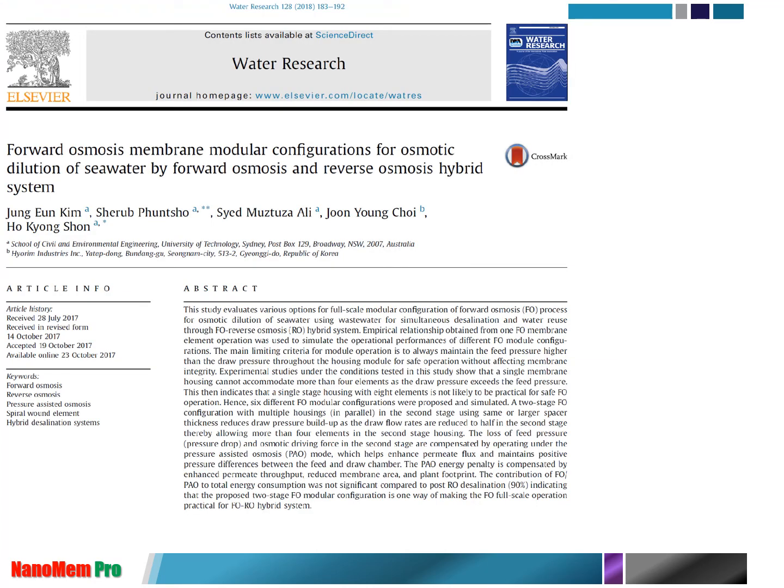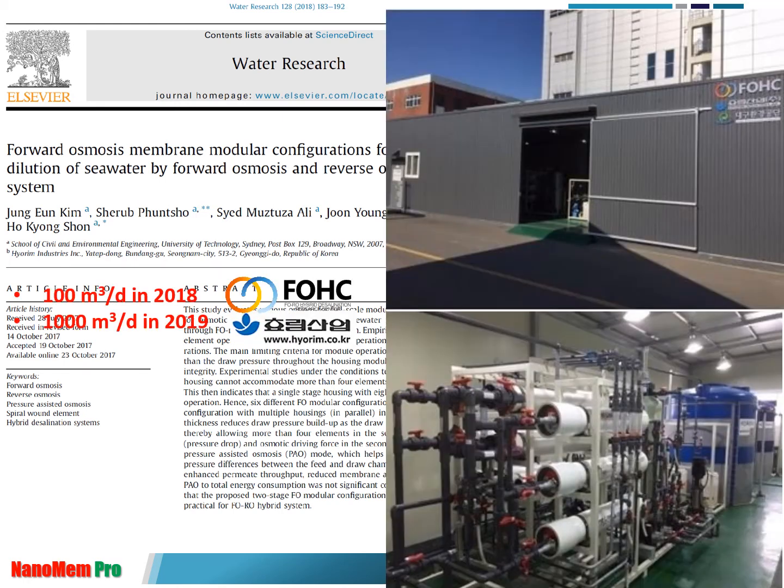We have also published this process for membrane module configuration for osmotic dilution of seawater by RO hybrid system. If you want further detail, please find our publication.